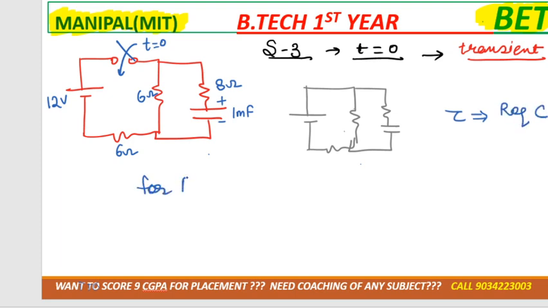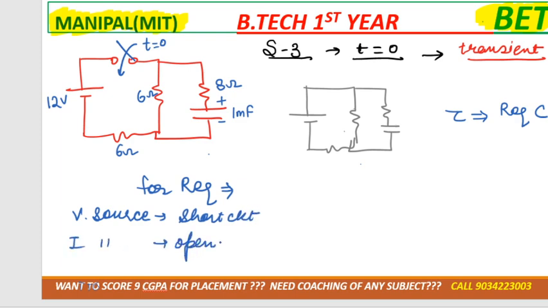Now, for the calculation of R equivalent, we have to redraw the circuit, right? For that, all the sources must be removed. Voltage source must be short circuited and current source must be open circuited. In this case, we don't have any current source, so I'm not using that. The voltage source is there, so that is short circuited.